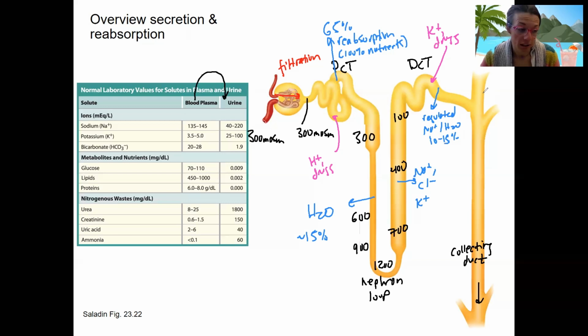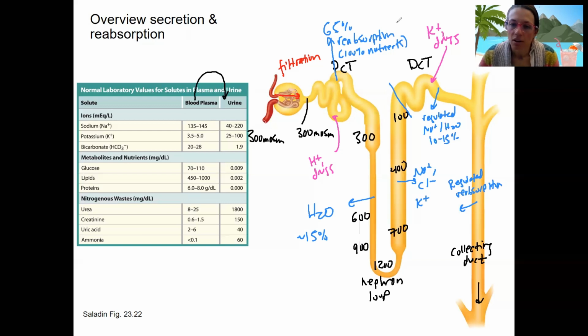So by the time we get to our collecting duct, we have had almost all the water reabsorbed, but we do have regulated reabsorption here. So it's variable what water reabsorption occurs in the collecting duct. What that means is basically from here on, we've got a lot of regulated processes. We're entering the distal convoluted tubule with an osmolarity of about 100, sometimes 150.